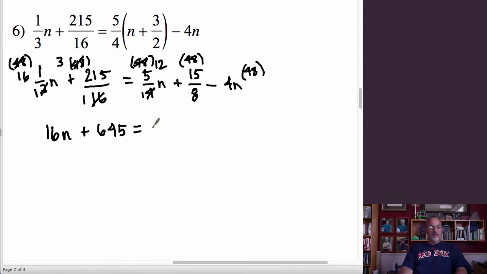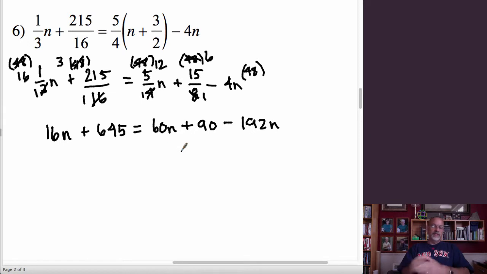So that's going to leave me 12 times 5, which is 60n. 8 is divisible by 8, 48 is divisible by 8, leaving me 6. So 6 times 15 is 90. And then 48 times 4 is 192, so that's going to be 192n.